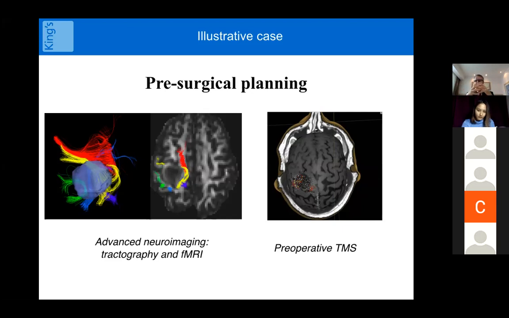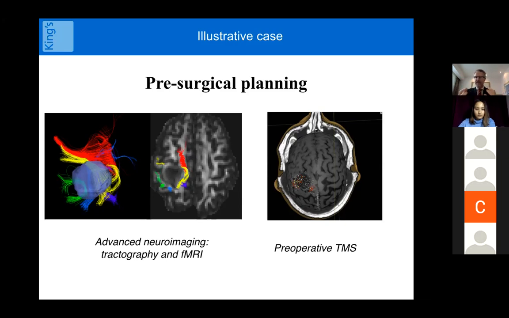So the tumor was growing at the level of the cortex, but it looked on tractography that the connection and the fibers were still there. And then we did the TMS, and as you can see from the color-coded responses, which show how strong the motor responses are, the two major responses for the upper limb and lower limb seem to be displaced laterally compared to the tumor.